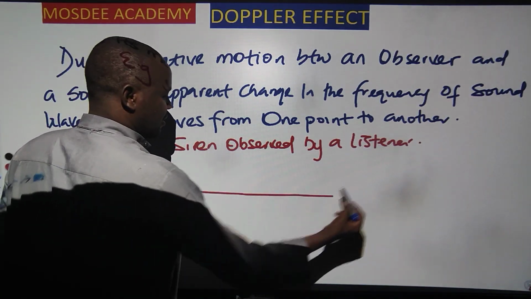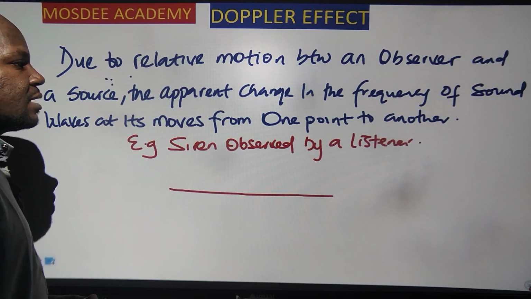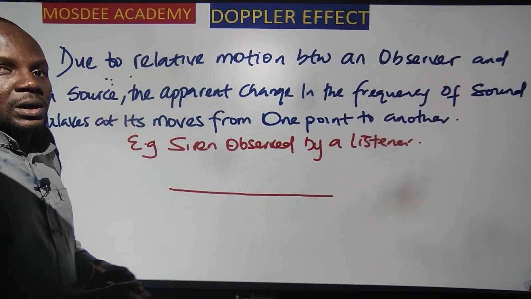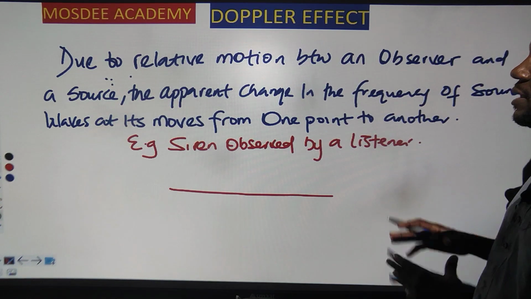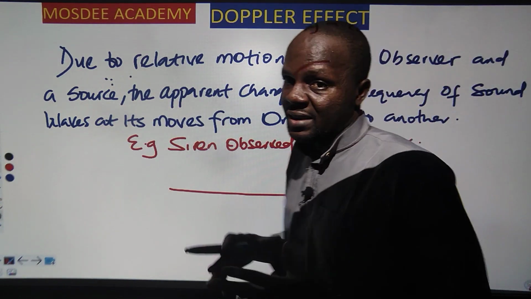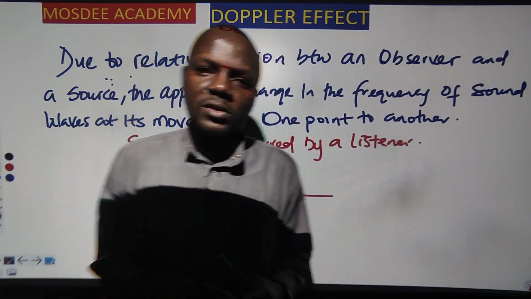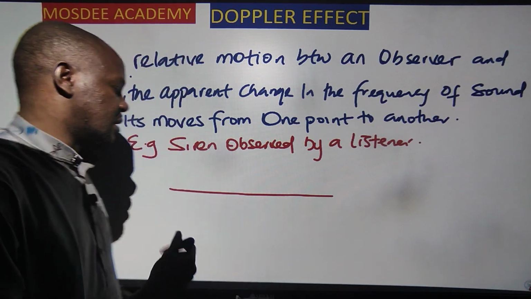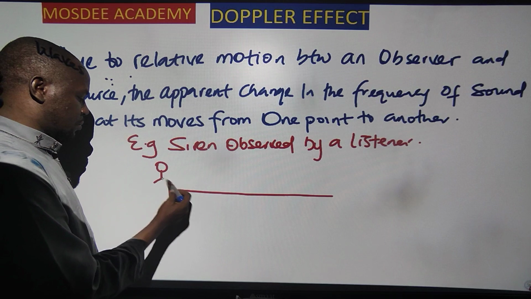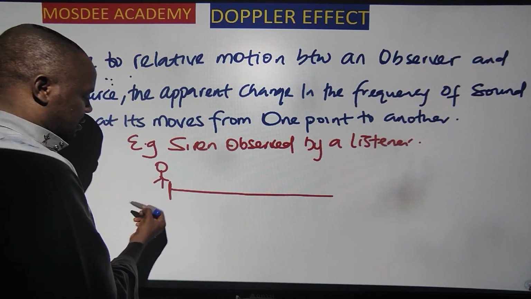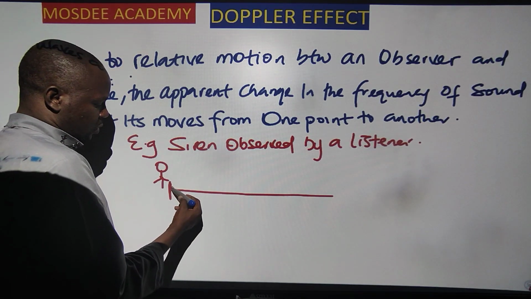To understand it conceptually, we are going to talk well on it as we move to the next slide, which is going to give a good example and show how to demonstrate this mathematically. You can always consider an observer to be at one point, and a wave is always propagated.